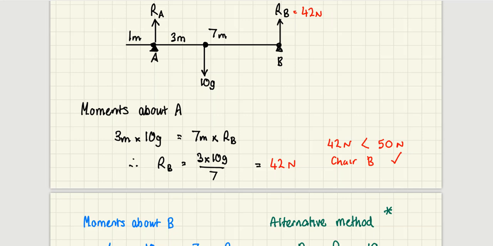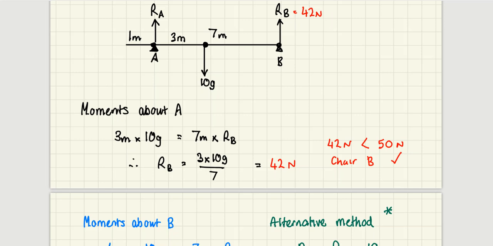So what is this? Chair A. Why have I got 3 times 10g? Because I've done moments about A, so the mass is 3 meters from A. What if I take moments about B? It's actually going to be 4. This rod is 8 meters long, so 7 minus 3.